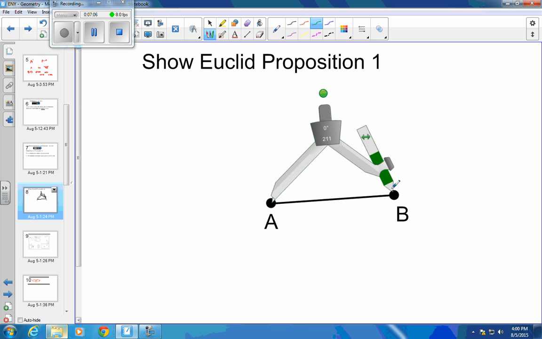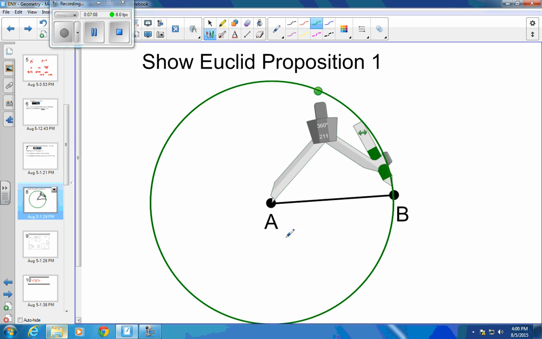So here is circle B, and then I need a C, and I need a D. Okay, so there is circle BCD centered at A, and it has a radius of AB. Good.